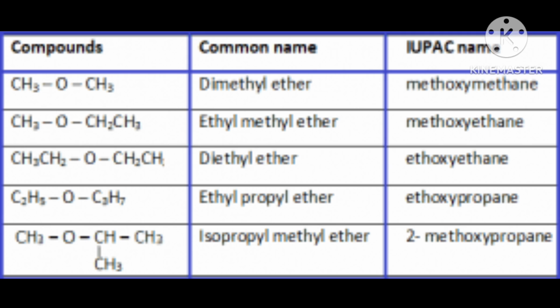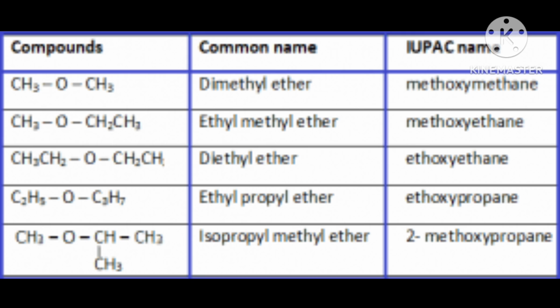Both sides have an ethyl group. OC2H5 on both sides is called diethyl ether, the common name. But for the IUPAC name in case of ether, you always have to consider the OR group as a separate group.